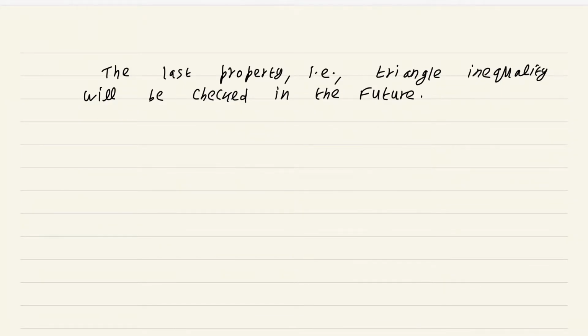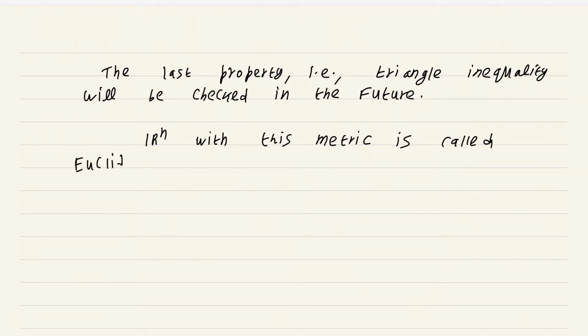So with that being said, Rn with this metric d is called Euclidean space. And this d that we have defined, the metric, is usually called the usual metric.